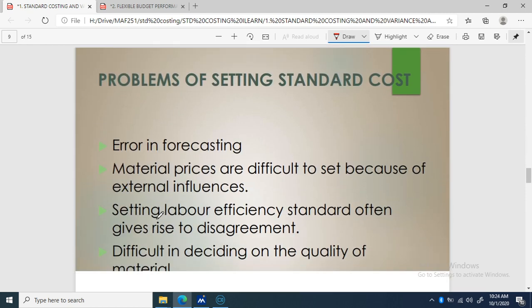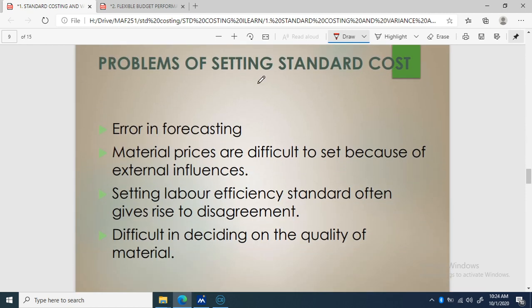Okay, sometimes when we want to set the standard cost, there is a problem, because standard cost is expected or predetermined. When you predetermine, that means there are some things that you do not know about what happens in the future. So the problem here may be because of error in forecasting. Let's say you make an error in forecasting the usage of material.